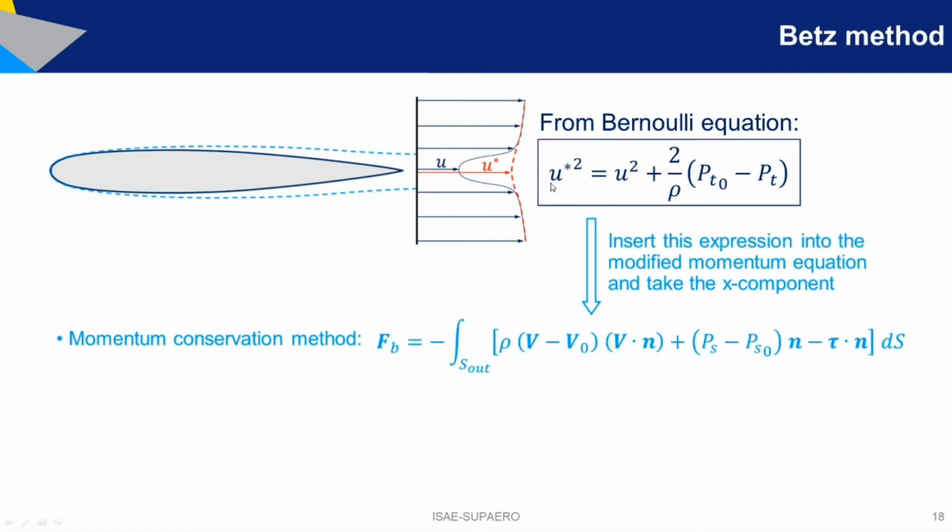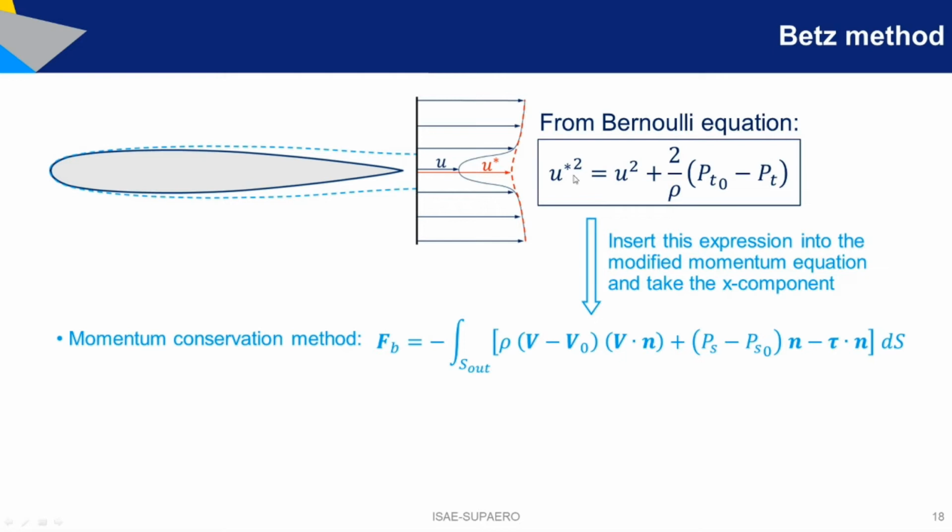So what Betz proposed is to implement this velocity decomposition into the momentum equation that we have developed before, that is the single Trefftz plane version of the momentum conservation equation that requires a Trefftz plane downstream of the body, and the Trefftz plane is of infinite size.